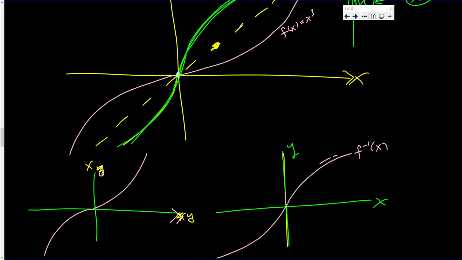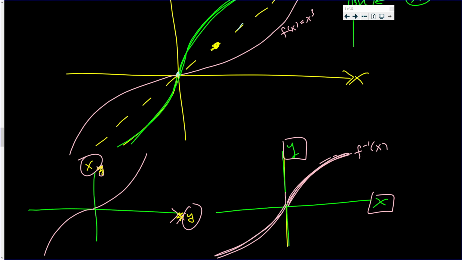Just interchange x and y, and then rotate the paper so x is here again and y is here, and whatever you see, you'll see this. That's exactly the inverse.